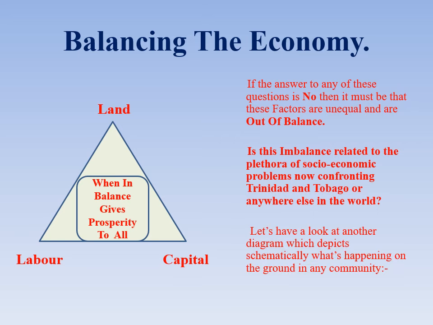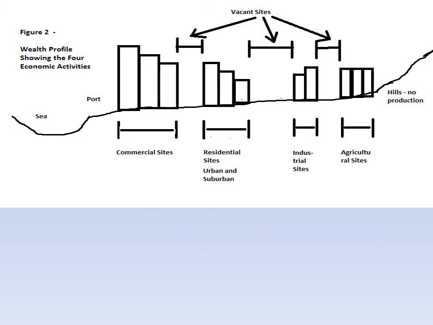Let's have a look at another diagram which depicts schematically what's happening on the ground in any community. So we have this schematic diagram of a city that is close to the sea, a port city, and it is showing the wealth profile of the economic activities that are taking place.